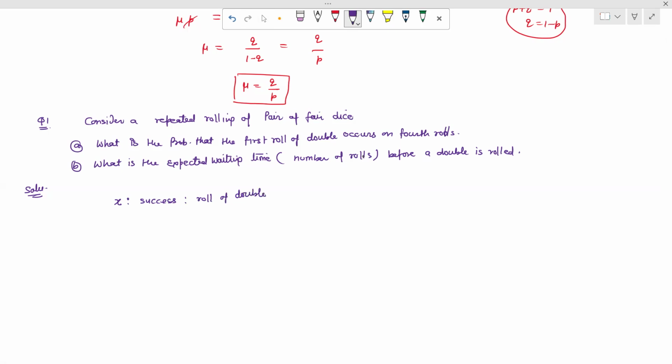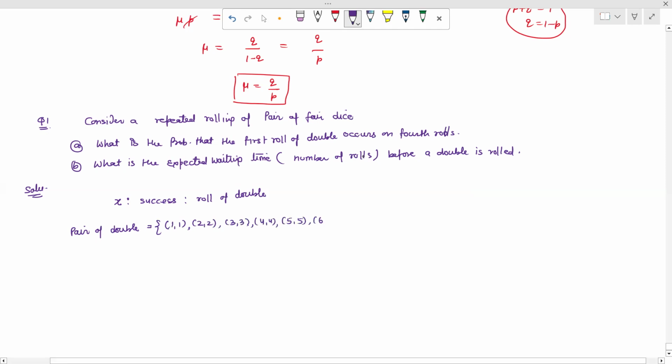So we can write down the pairs of doubles. This will be 1 1, 2 2, 3 3, 4 4, 5 5, and 6 6. So this is the pair of doubles. That means the same number occurs.